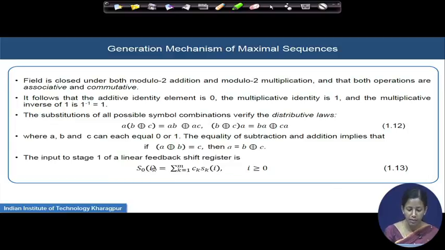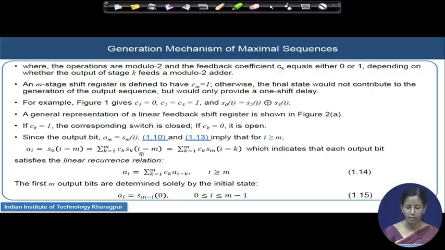If it is delayed by i minus M, it will be the same equation with S_k(i minus M) substituted here. And since the last stage value is basically the output, S_m(i minus k) can finally be replaced by A_(i minus k), and now you are getting a linear recurrence relation.